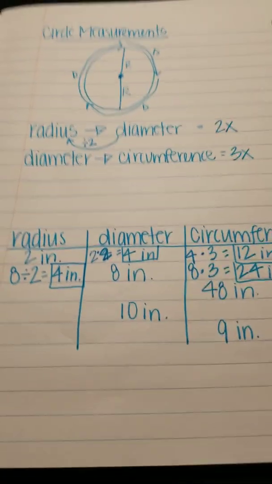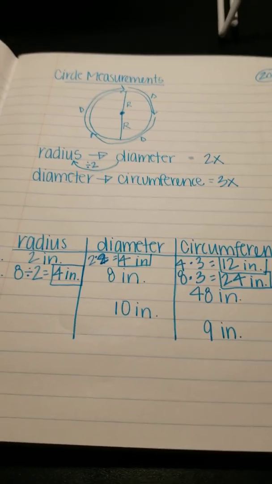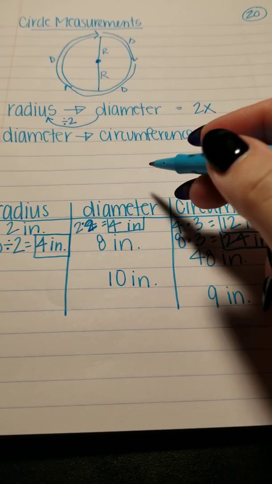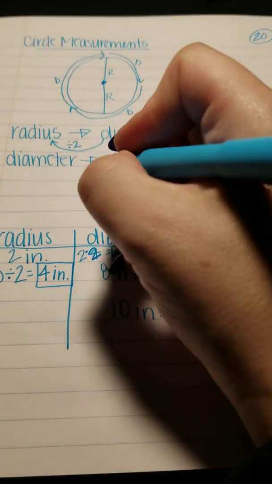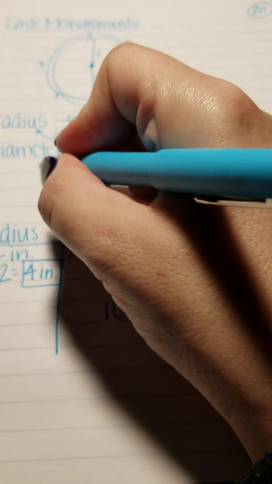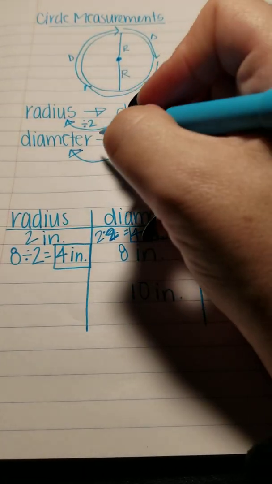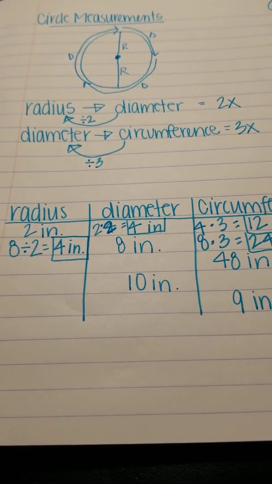Now let's figure out this one, where I give you the circumference. I know when I go from diameter to circumference, I multiply. So if I'm going from circumference to diameter, I'm going to have to do the opposite, which is divide by 3.